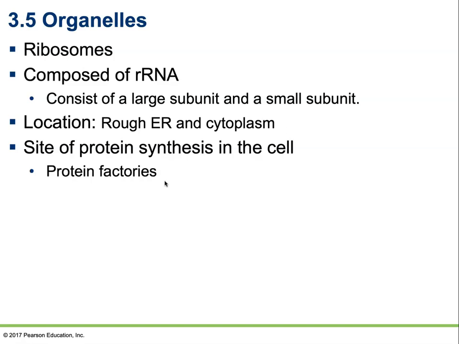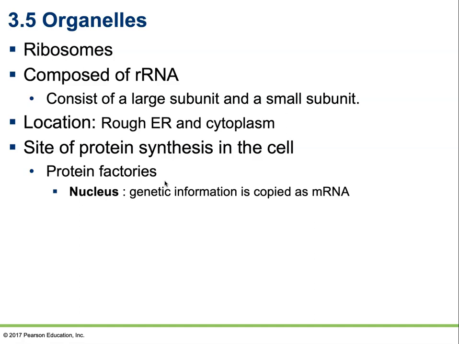Here is how those protein factories are set up. We are going to spend more time later on going over protein synthesis and DNA replication, but I do want to give us just a quick overview right now so we know how all of these components play a role. These protein factories work by starting off in the nucleus.